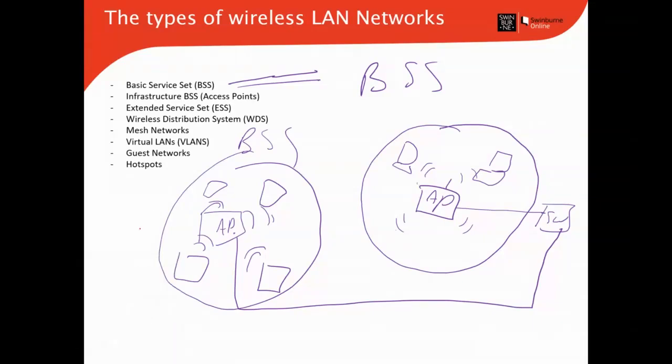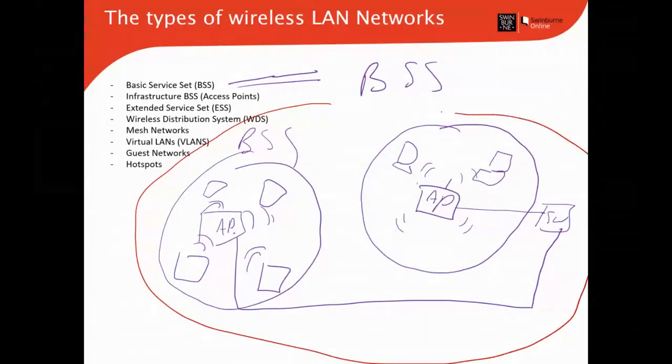That becomes an extended service set, which is here. What that means is that I can walk anywhere with my mobile device and access these access points and still be on the same network.